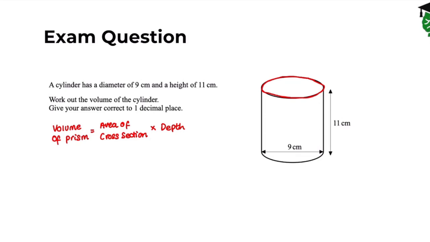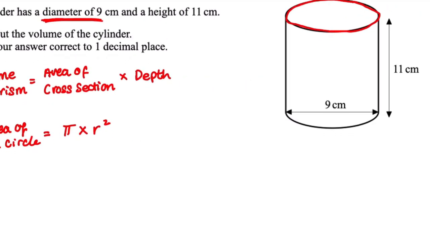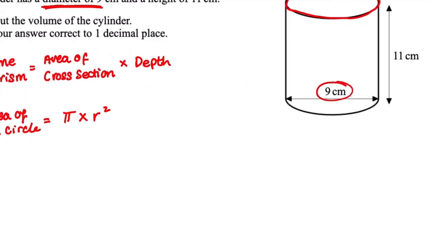Now it says that the circle has a diameter of 9 centimeters. To work out the area of a circle, you're going to have to use this formula, pi times r squared. That's how you work out the area of a circle. We're given over here that the diameter is 9, but we don't want the diameter.